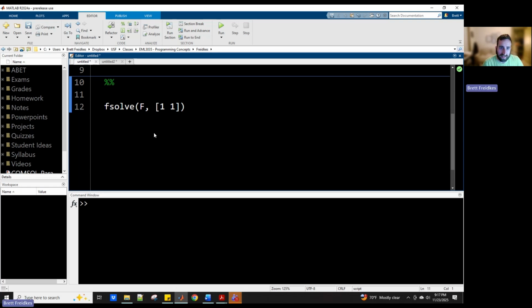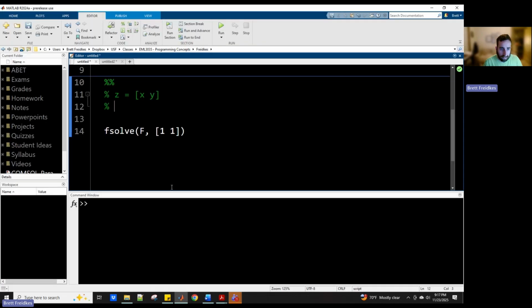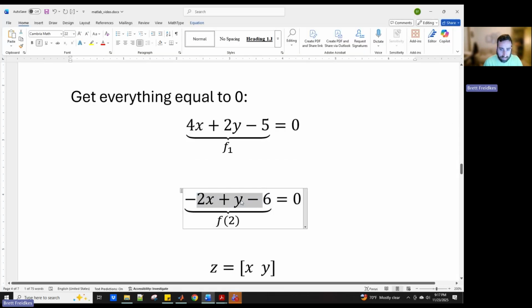So how do we define this anonymously? Well, let's first keep in mind that z is secretly x and y. And I'll go ahead and copy and paste our functions from there. 4x plus 2y minus 5. And then the other one was -2x plus y minus 6.